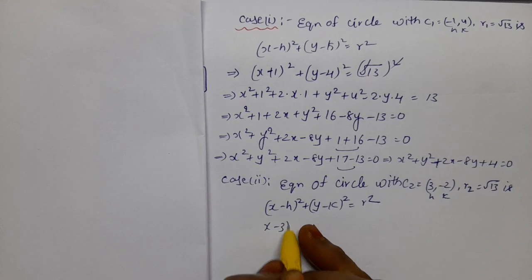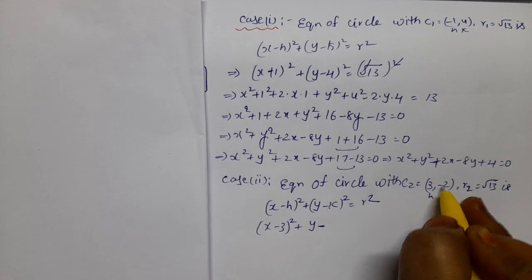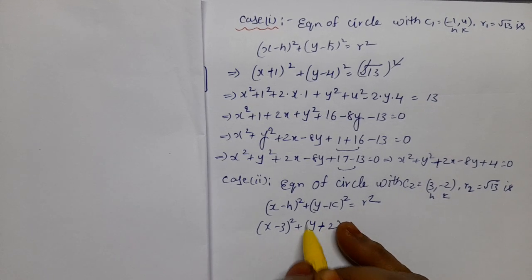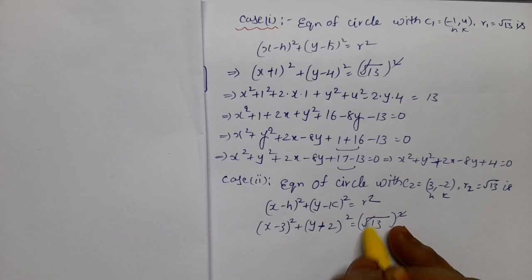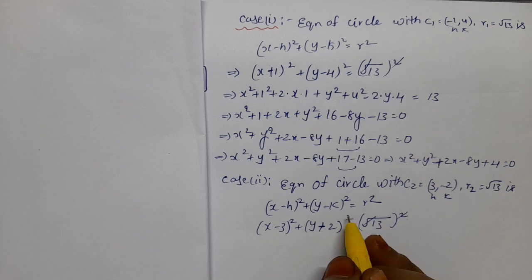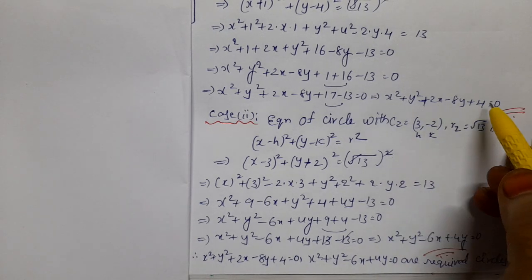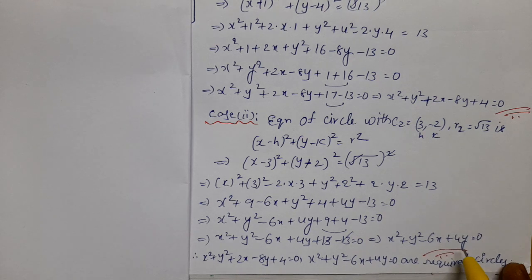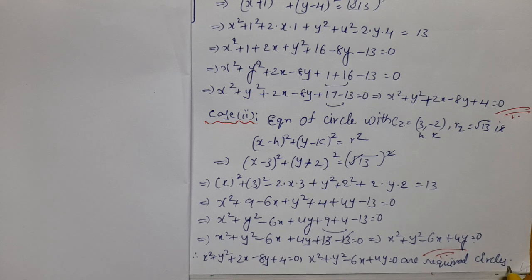So (x minus 3) whole square plus (y plus 2) whole square equal to root 13 whole square. Expand, this is in the form of (a minus b) whole square and (a plus b) whole square. This is one equation of the circle, this is another equation of the circle. These are the two equations of the required circles.